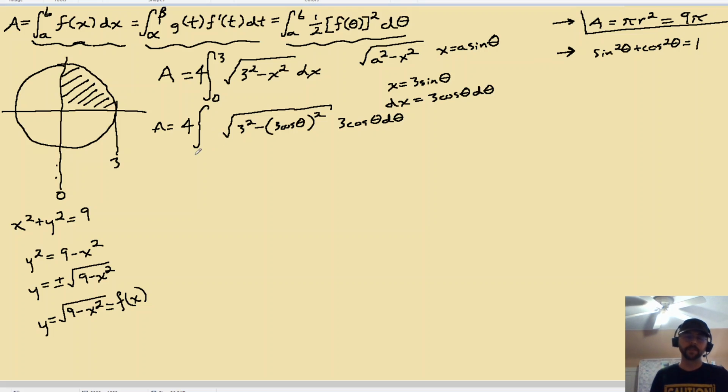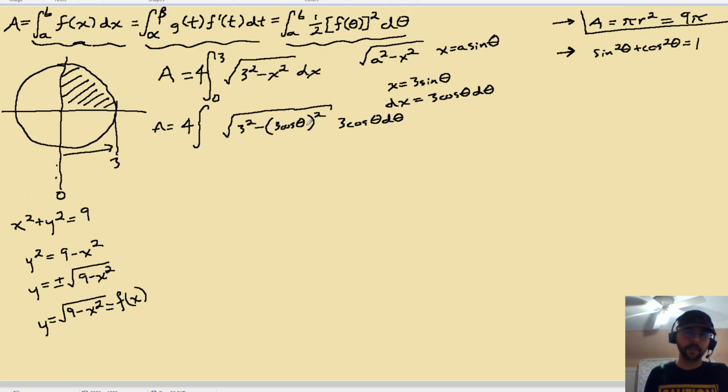Now our new bounds, so we can look at the picture visually. This is our area that we are calculating. And if we are dealing with x as our variable, we're going from this x of 0 to this x of 3. But we're not dealing with x's now. For this second integral, after I changed it, we're dealing with thetas.